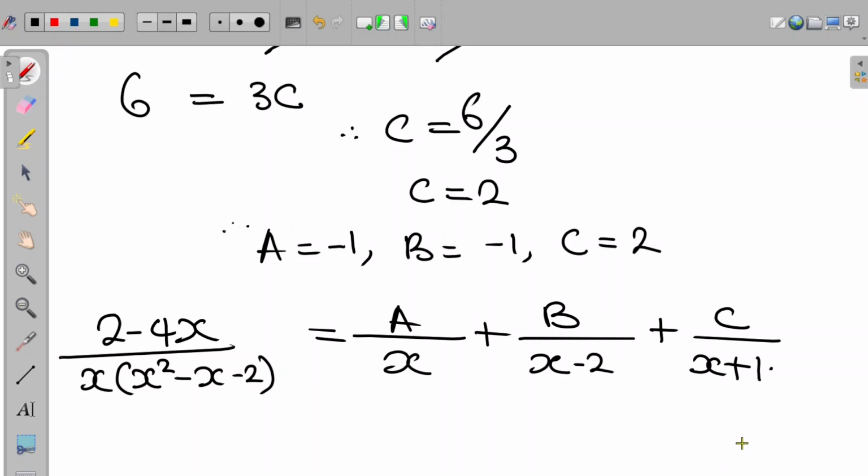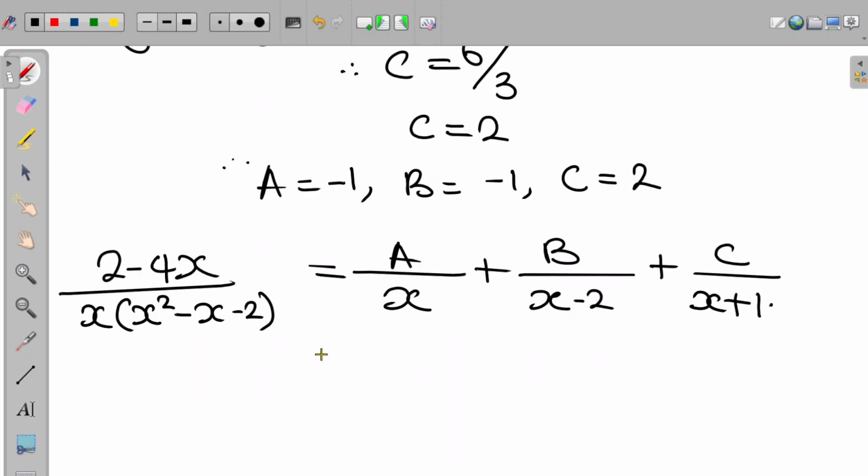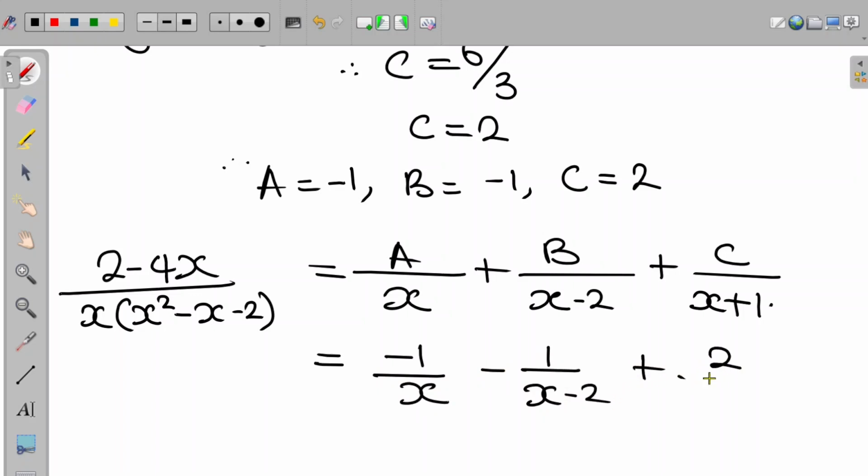So at this point, we can substitute our values. A is negative 1 divided by x, B is negative 1 divided by x minus 2, and C is 2 divided by x plus 1.